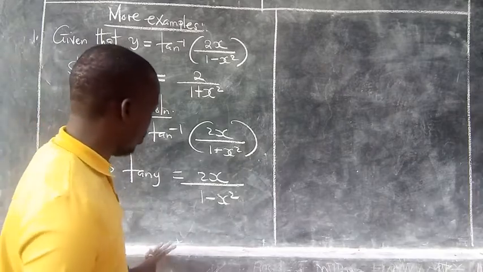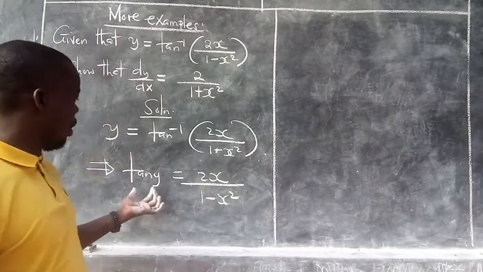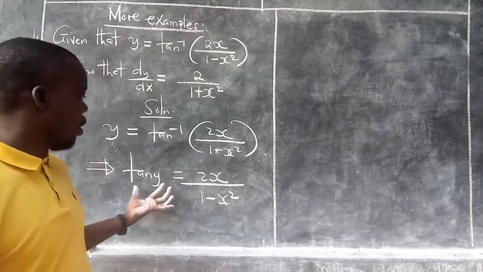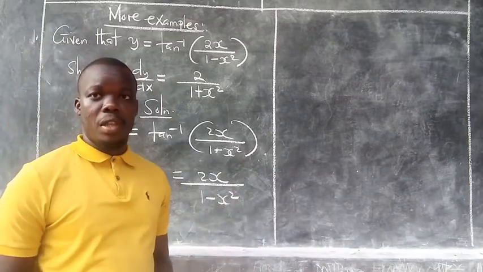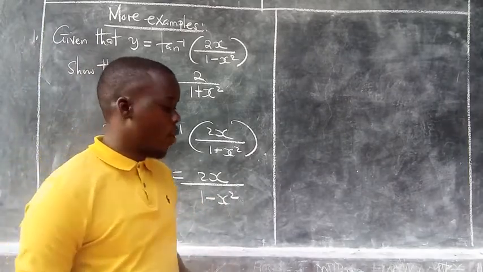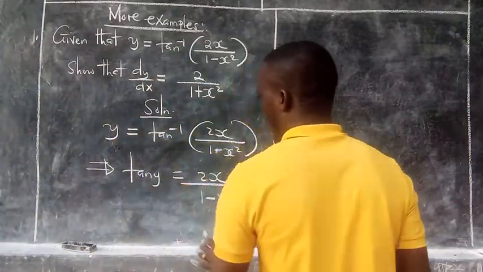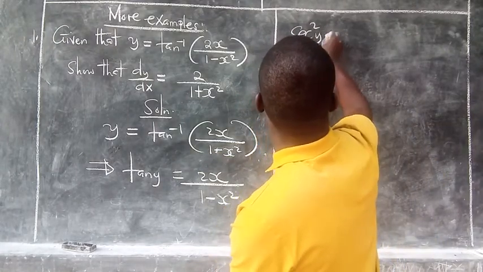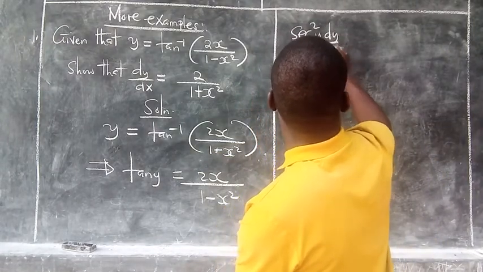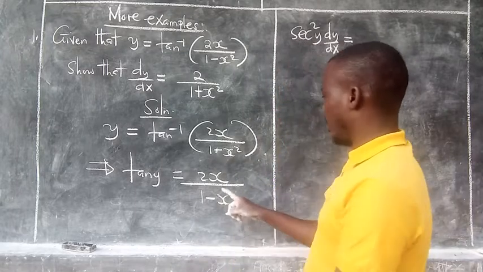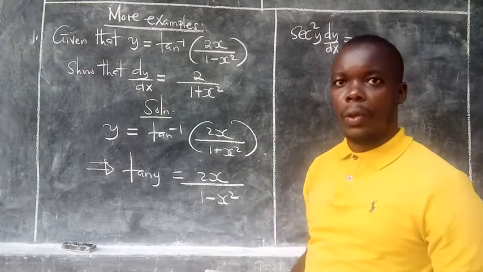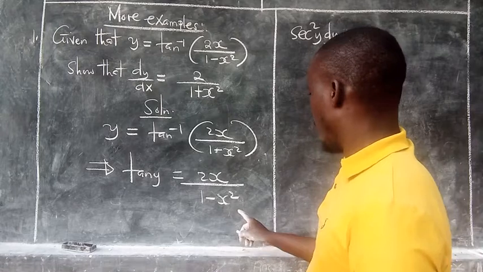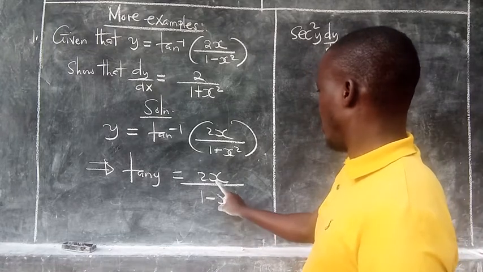Now the next step, of course, is going to be differentiating the left hand side and the right hand side with respect to x. When you differentiate tan y with respect to x, you expect to get sec squared y about dy dx. Then to differentiate the right hand side, we are going to employ the quotient rule, where we are going to call this v and this will be u.